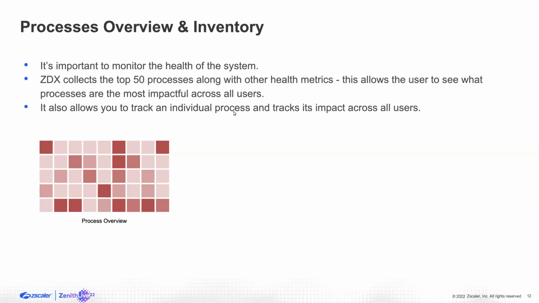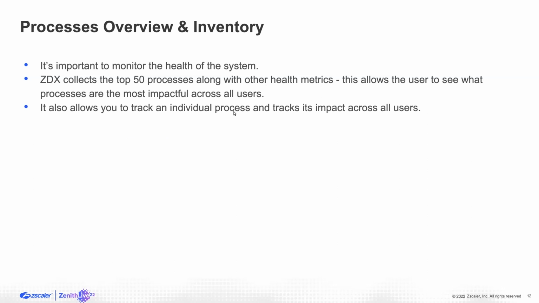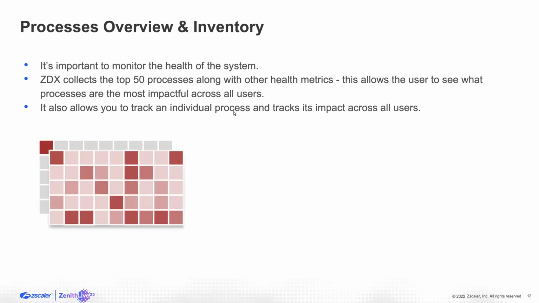Now, there will definitely be different sizes of these boxes. That just indicates how many users the process is present across. You can also select a particular process and have the same exact view across all your users and see how it has been impacting them and at what time.